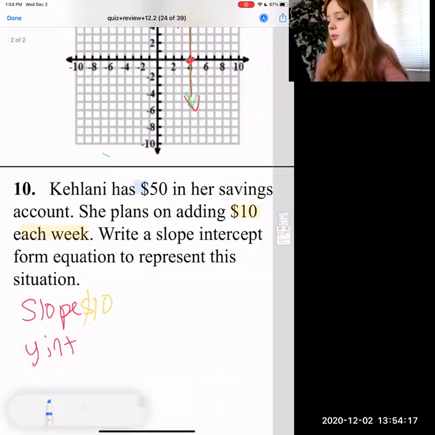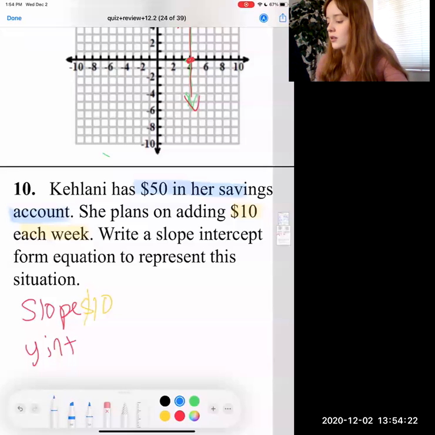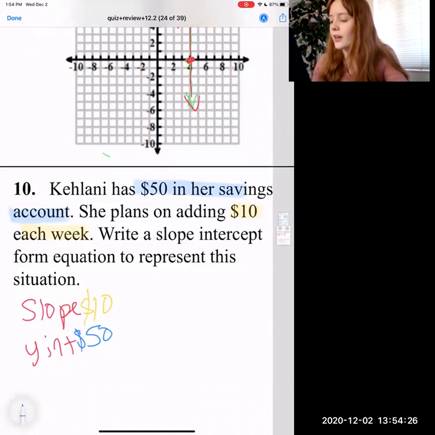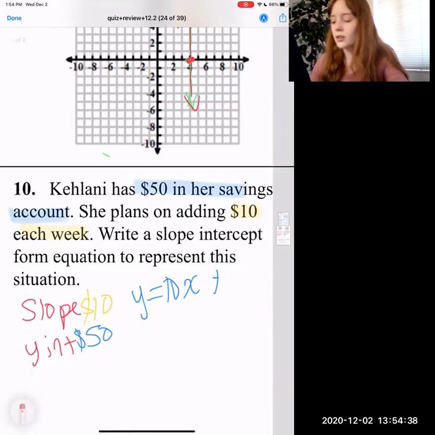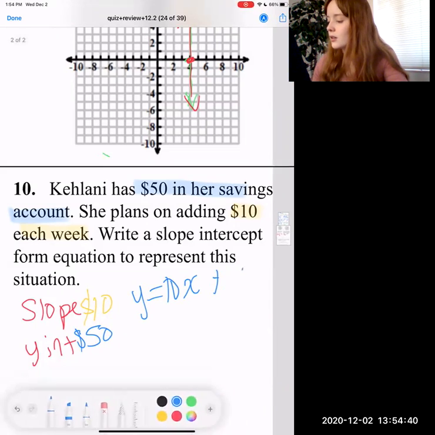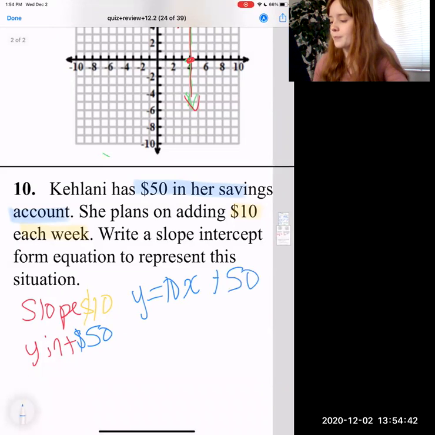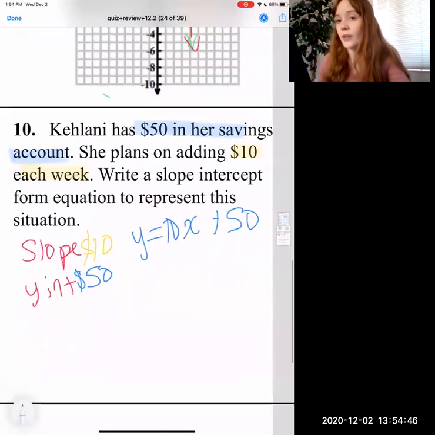So she starts with $50 in her savings account. To write this equation, we would write y equals mx plus b, where m is 10 and b is 50. It didn't ask any follow-up questions with that. That's all we had to do.